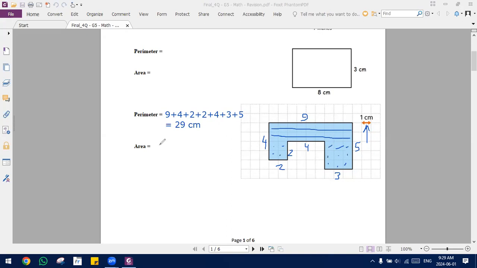So we say that the area is 31 centimeter squared, okay? Why is it 31? Because we counted 31 squares. As you can see, we are counting squares. That's why the unit is centimeter squared, okay? 31 centimeters squared.